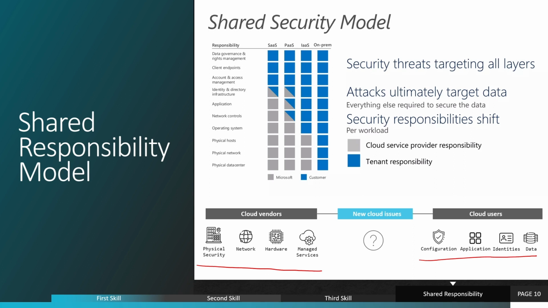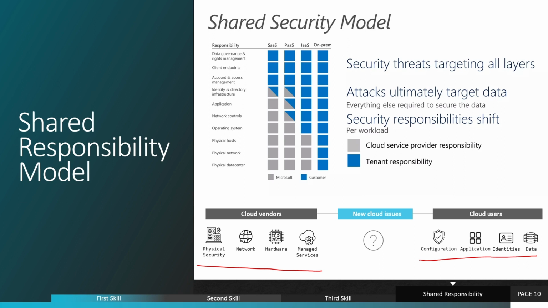Now, having discussed this, we want to quickly point out that the type of cloud service that you choose is going to be determining how much security responsibility that you have, and how much of that responsibility is going to be falling on the shoulders of the cloud vendor or the cloud service provider.